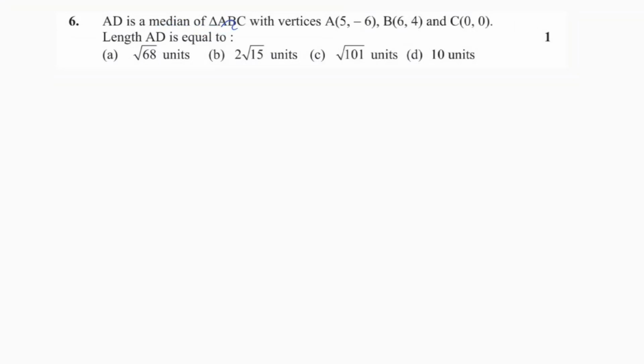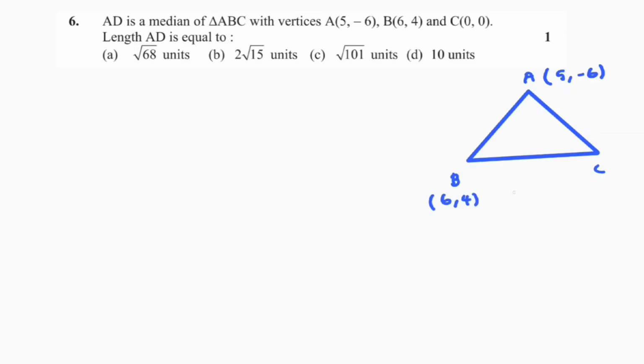AD is a median of triangle ABC with vertices A 5, minus 6, B 6, 4, and C 0, 0. Length AD is equal to. So here triangle ABC, and they told median AD.